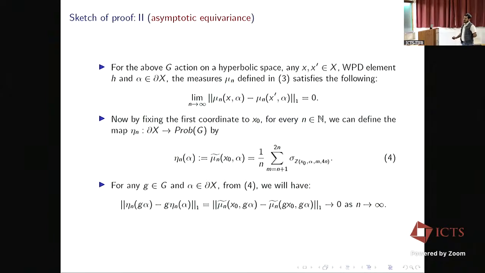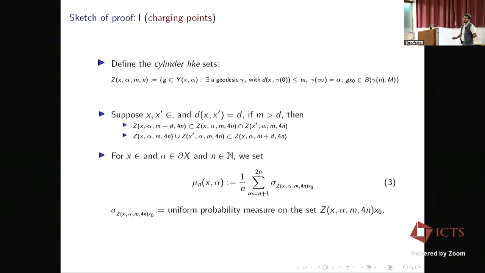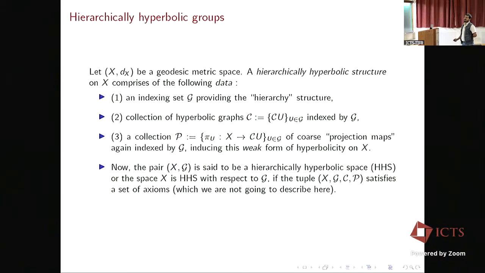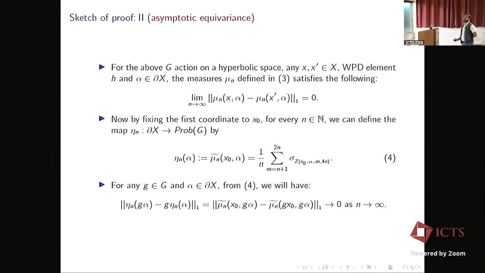So by fixing this, they also satisfy this. And finally we have the asymptotic equivariance. And that proves the Borel amenability for such group actions on the boundary of the hyperbolic space, where they are acting acylindrically or with WPD elements.